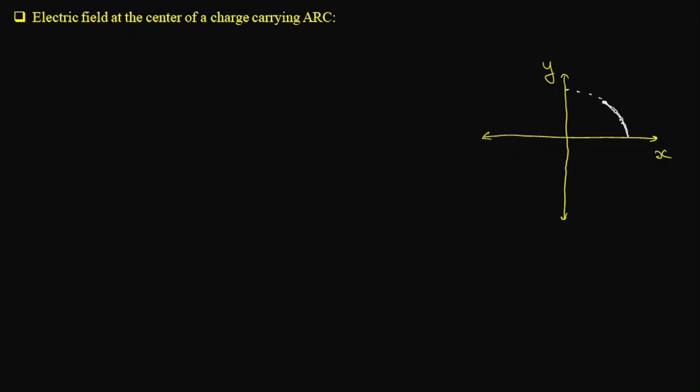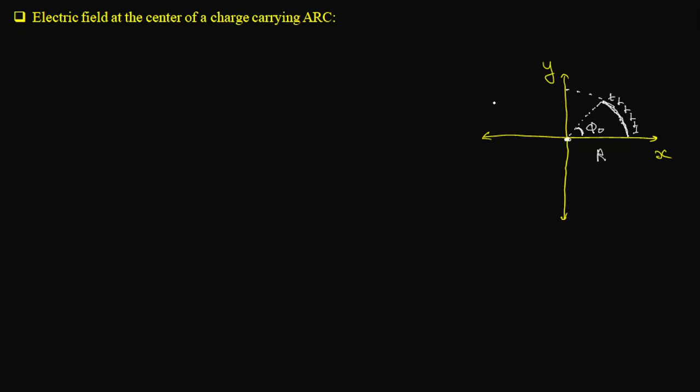So only this part. This is the angle phi naught. This arc part creates an angle phi naught at the center, and let's say the radius of this circle is capital R. Then we have to calculate the electric field at the center.